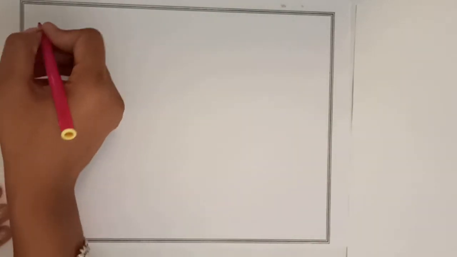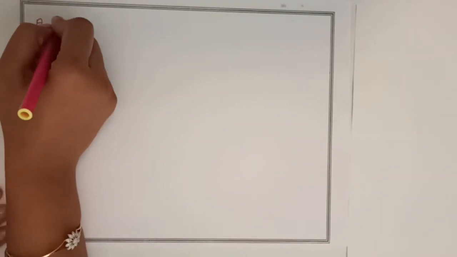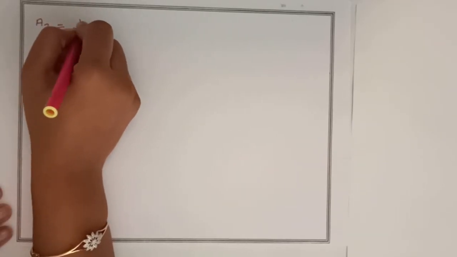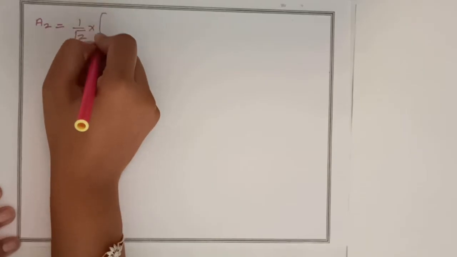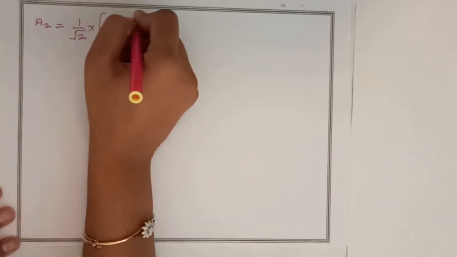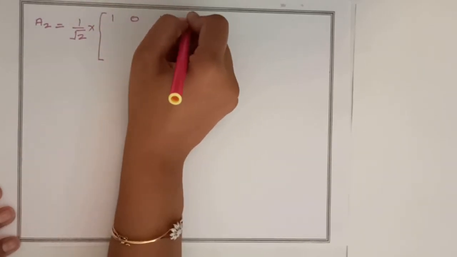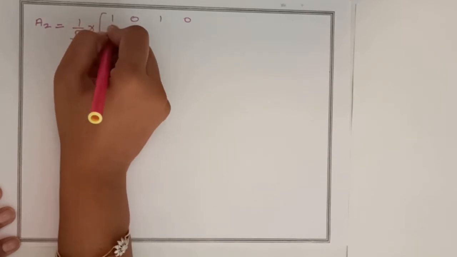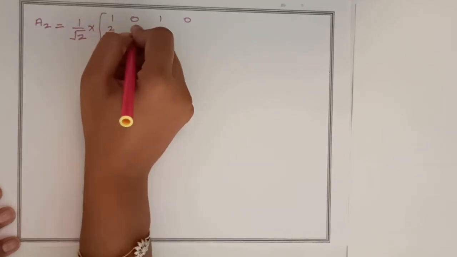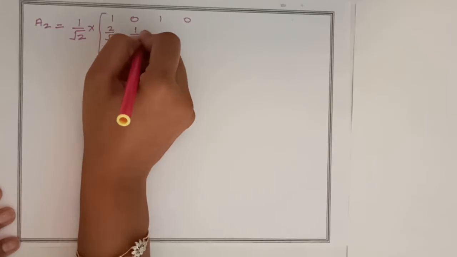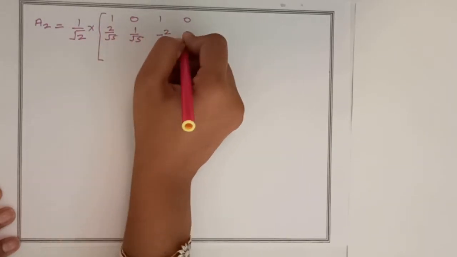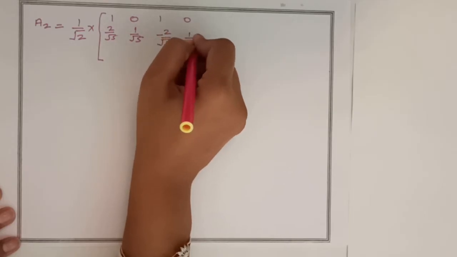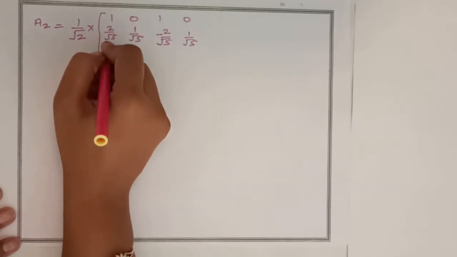You will get, after simplification, S4 is 1 upon under root 2 into 1, 0, 1, 0; 2 upon under root 5, 1 upon under root 5, minus 2 upon under root 5, 1 upon under root 5.